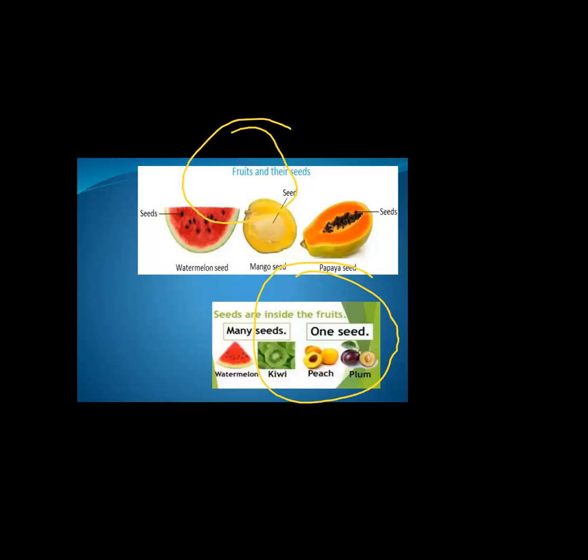So the fruit which you're eating, if you see this fruit, this is mango. Now mango, you got it from what? The flower. The flower changed into the fruit, and inside the fruit there is a seed.